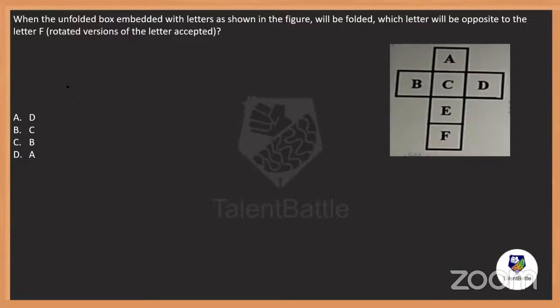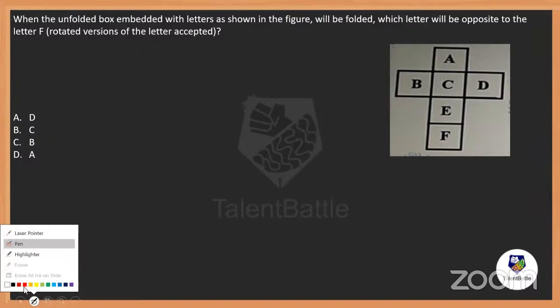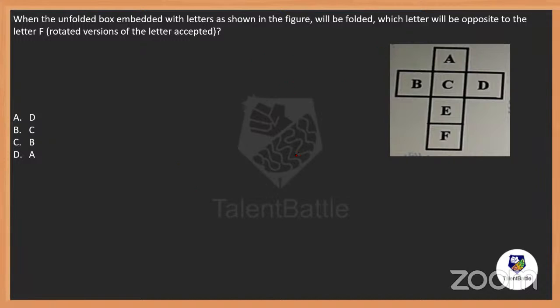Which is the opposite face? Opposite faces are actually very easy to find out. All you need to do is take either horizontally or vertically. Suppose just take this first one. Ignore these two.